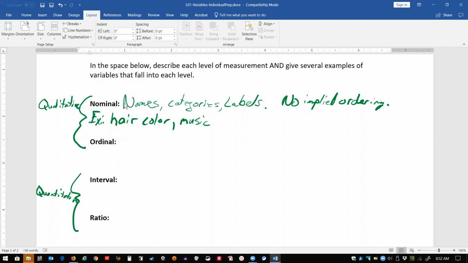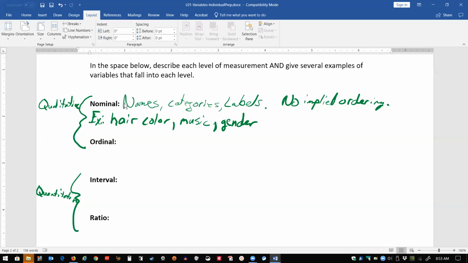That's an opinion type thing, so there's no logical way to order them. Favorite ice cream flavor is also in there. Gender is in there, right? Those are qualitative variables that are simply classified by certain categories or groups.